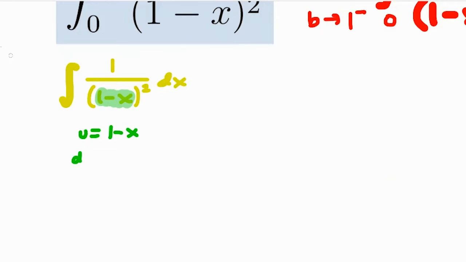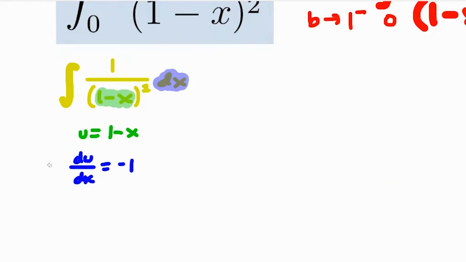I should color code that a different color. Okay. So we're going to look for this dx here. We have to solve for that. Well, the only way to get the dx is to do the derivative of u, and then the dx pops up right on the bottom there. And this is equal to -1, because the derivative of the green is -1. You should know that from Calc 1. All right.